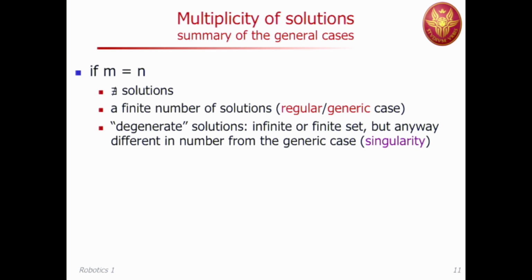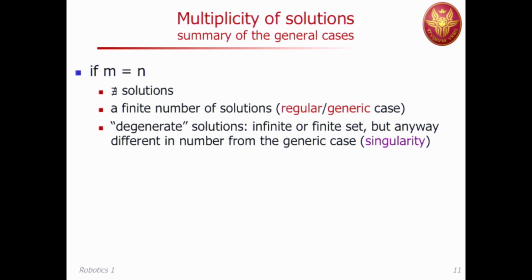So if the number of task variables is equal to the number of joints, now I'm using the generalized terminology for the inverse kinematics, then these are the possible situations. Either you don't have solution. Why? Because you're out of the workspace. Or you have a finite number of solutions, and this is the so-called regular or generic case.